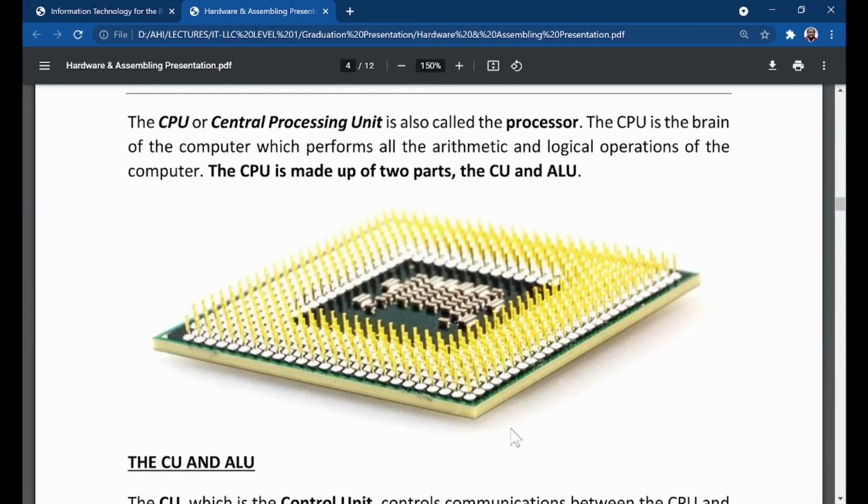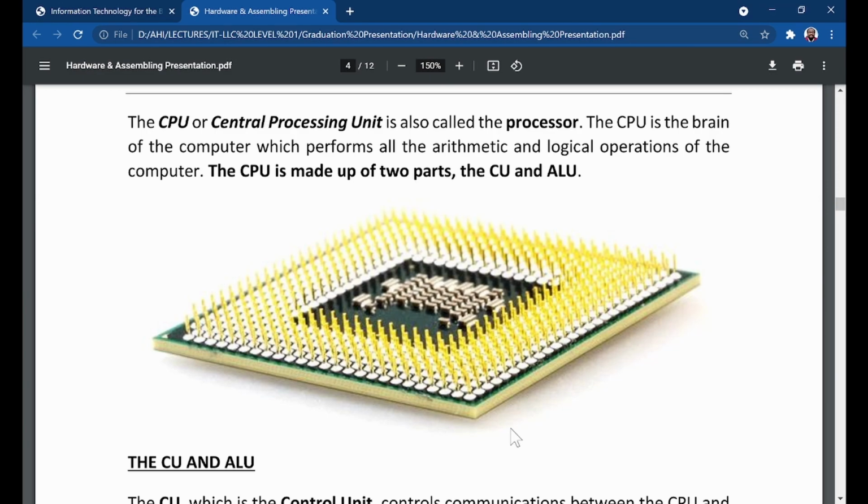We learned that the CPU is the brain of the computer, the master chip in a computer that does all the processing, the arithmetic and logical operations. In doing all that work, the CPU generates a lot of heat.